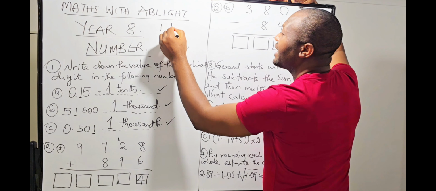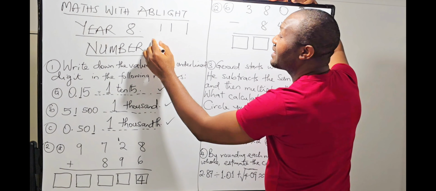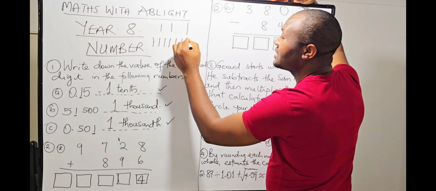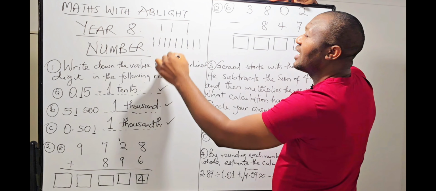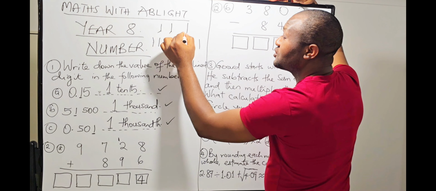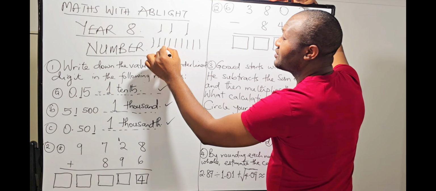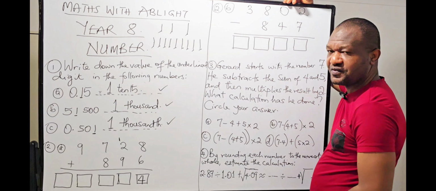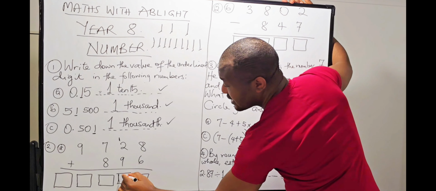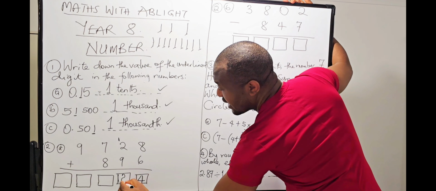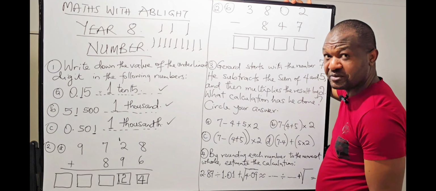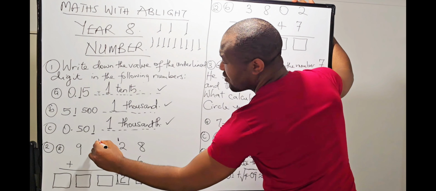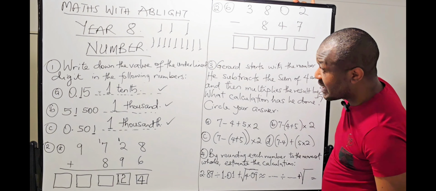So there are 3 like this, and then you have to add 9. 1, 2, 3, 4, 5, 6, 7, 8, 9. Count everything together. You've got 1, 2, 3, 4, 5, 6, 7, 8, 9, 10, 11, 12. Write down 2, and then you carry 1 as usual. That one, add it to the next place. You have 1 plus 7, that is 8.